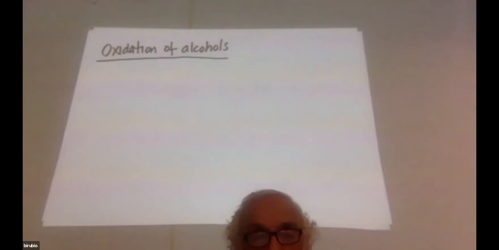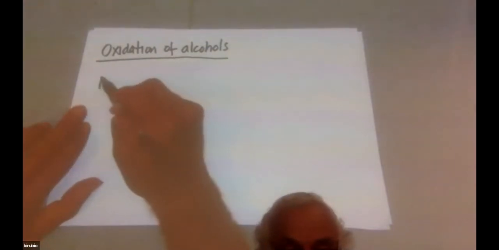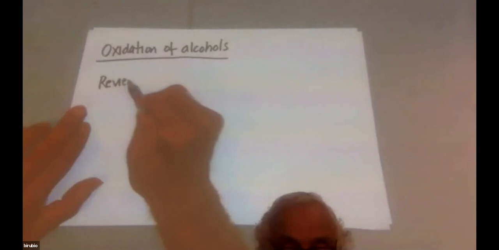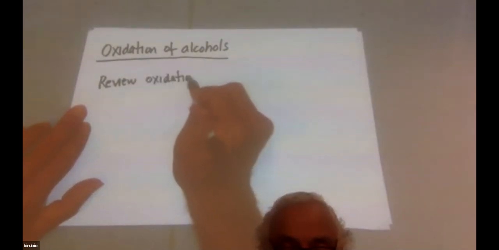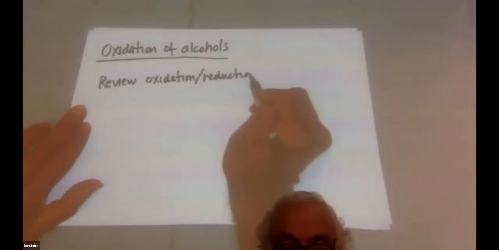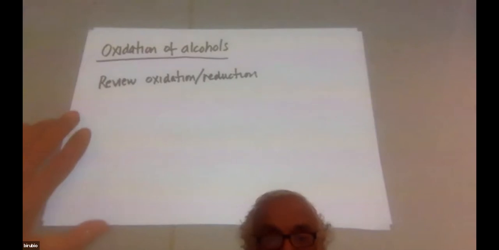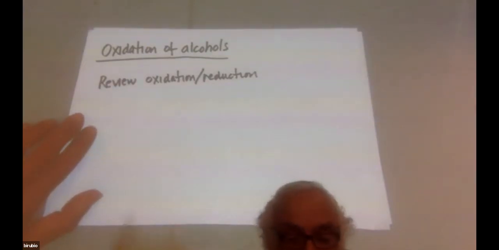And that will give us a nice background for understanding some of the chemistry we're about to talk about. So let's review oxidation and reduction, which maybe we covered in Gen Chem.